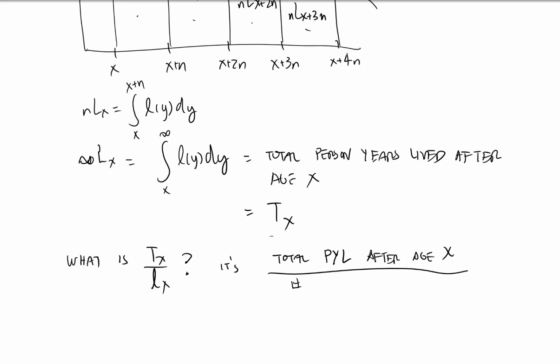So those are the number of people who reached age x. So the numerator is the total number of person years lived by that cohort of people who reached age x, and the denominator is the number of people age x.